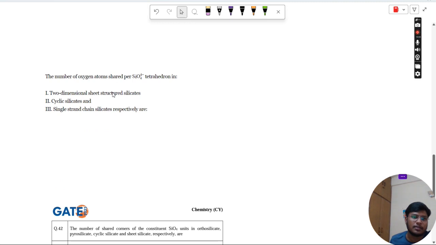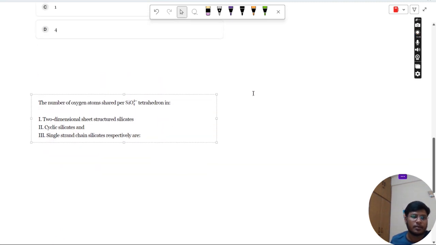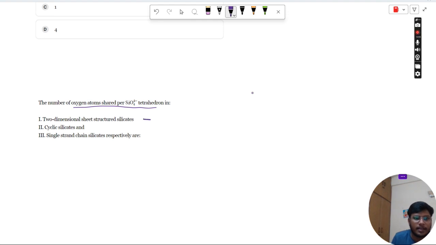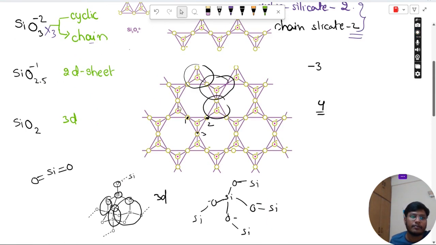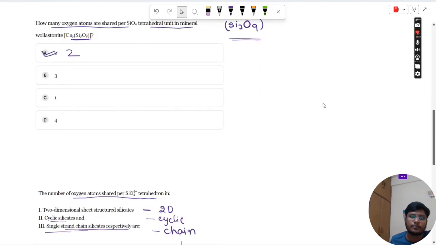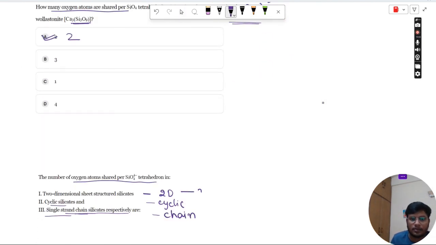And the next question that we can see: in this question, the number of oxygen atoms shared per silicate tetrahedron is given for a 2D silicate, that is two dimensional, so 2D. And this is a cyclic silicate. Here he mentioned cyclic silicate, and a single strand chain silicate. So here you can consider it a chain silicate. When it's a 2D structure, it is 3.